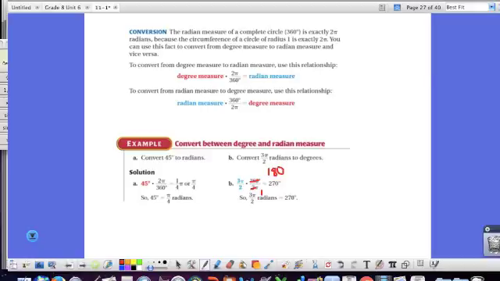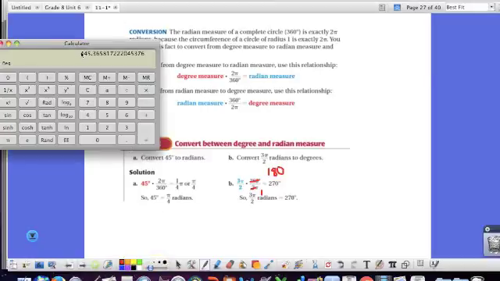That's 1. So I'm going to leave the pi alone there. You can still cross simplify further. Times 3 is 540, but then divided by 2 is 270. Okay, so 3 pi over 2 equals 270 degrees.